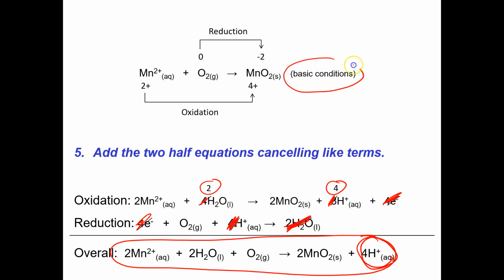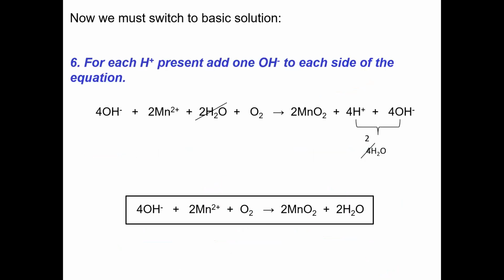However, we're in basic conditions, which is where our extra step comes in, and so now we have to switch over to basic conditions. What we're going to do is add 1 OH- to both sides for every hydrogen ion that is present.